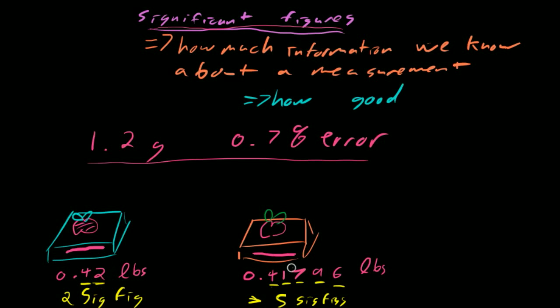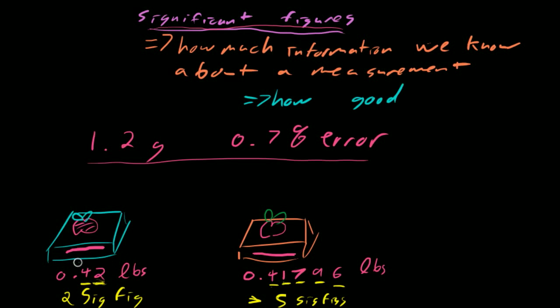In our orange scale we got 0.417, and in our blue scale, because the digit just to the right of the 1 was 5 or larger, the digit in our hundredths place got rounded up. I'll definitely do more on that in the future.